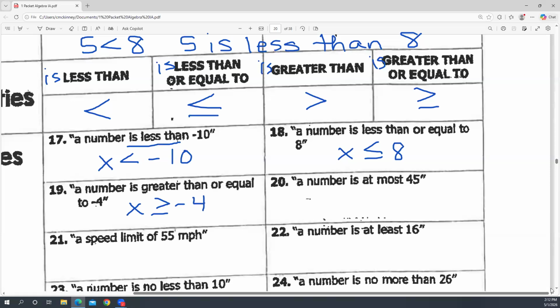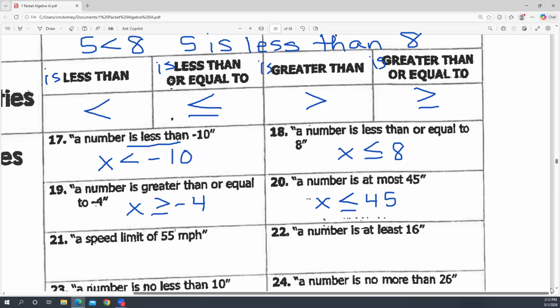So a number is at most 45. When it says at most, that means the 45 is as high as it can be. So it could be less than, or it could even be equal to 45. So at most 45 would be like 30, 35, 40, 41, 42, 45, right?